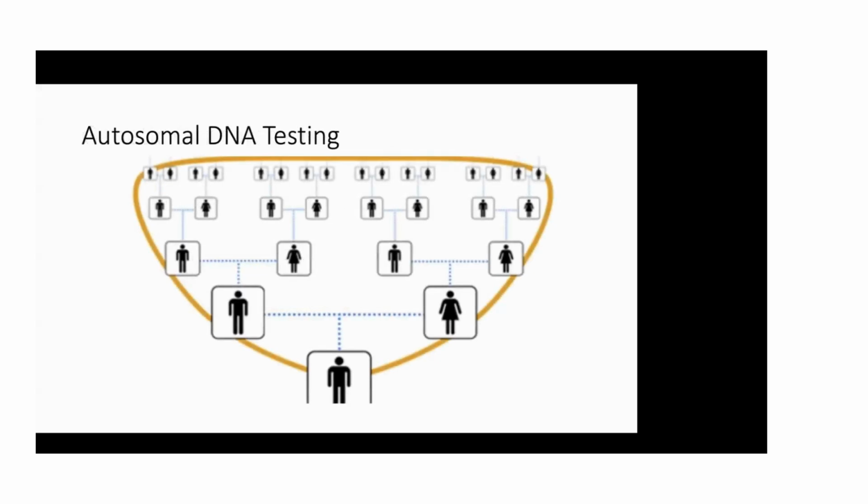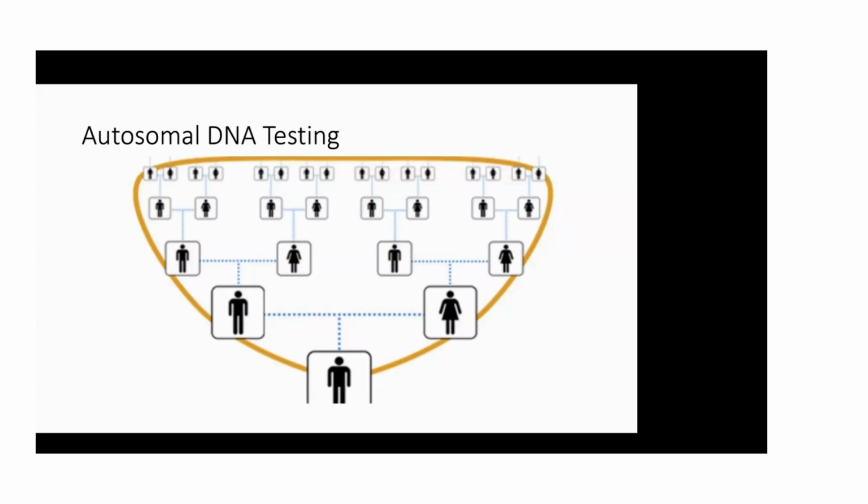Unlike the first two test types, which only look at specific lines in our family trees, autosomal DNA testing can uncover relatives from any branch of our family trees. But this type of test can only go back consistently about 5 to 7 generations, with some reach out to around 10 generations.